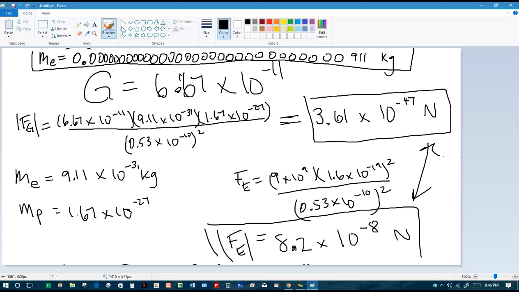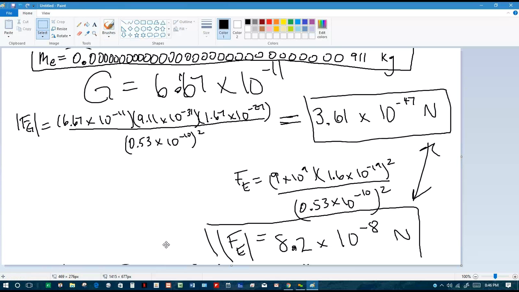So to actually finish this problem off, notice they ask you to do a ratio. The last sentence says, what is the ratio of these two forces? So how can we do that? Which is the bigger one of those two numbers? Because a ratio should always be, in my opinion at least, a bigger number divided by a smaller number.